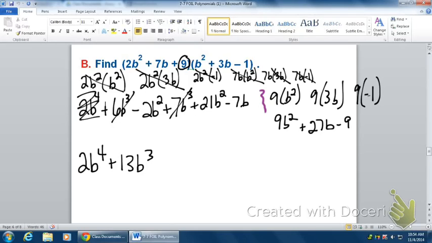I have a negative 2b squared, a 21b squared, and then at the end a 9b squared. Negative 2b plus 21b leaves you with 19b squared. And then adding the 9b squared gives me plus 28b squared.